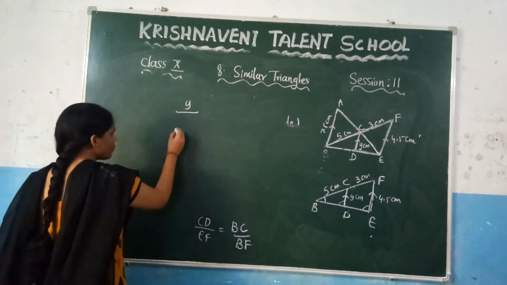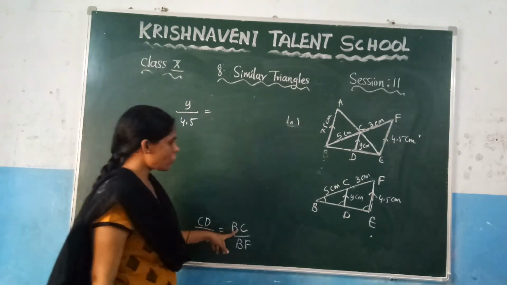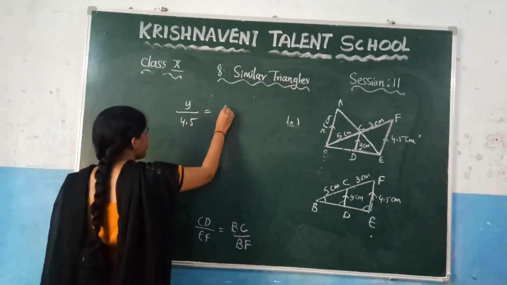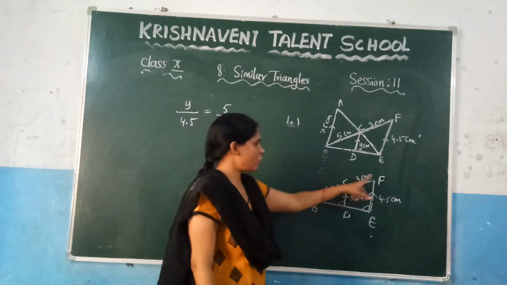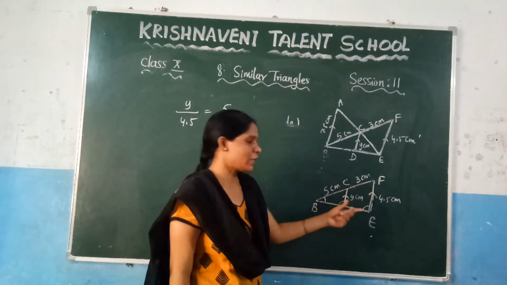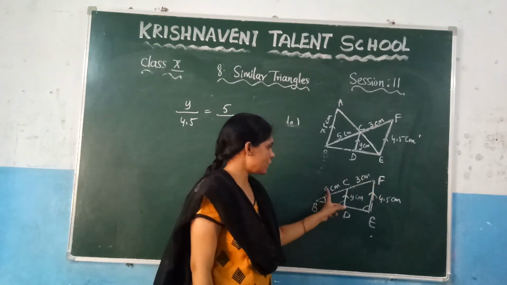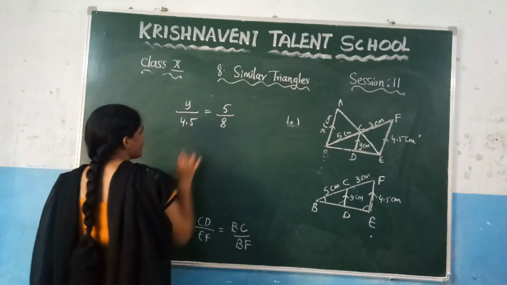So write it here 4.5 is equal to what is the length of BC? Length of BC is 5 centimeters. So write it here 5. And what is the length of BF? The total length you need to calculate. This length is 5 and this length is 3, and the total length, which is 5 plus 3, gives you 8. So here this value is 8.